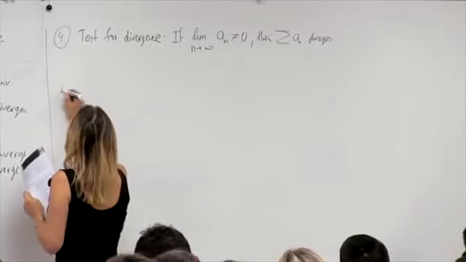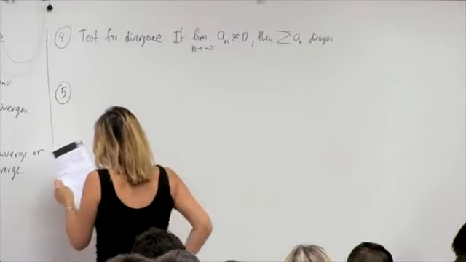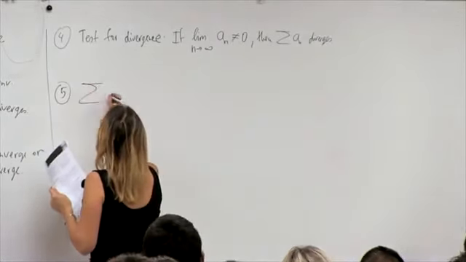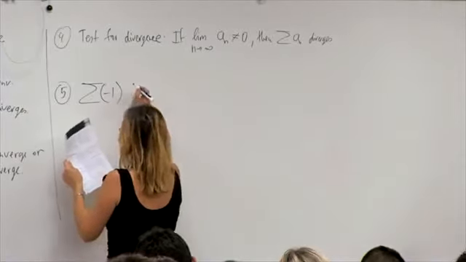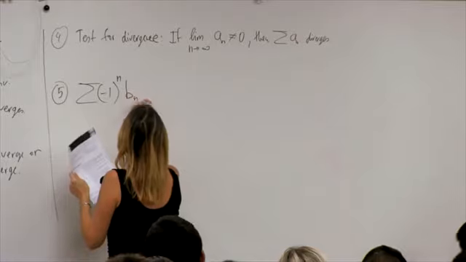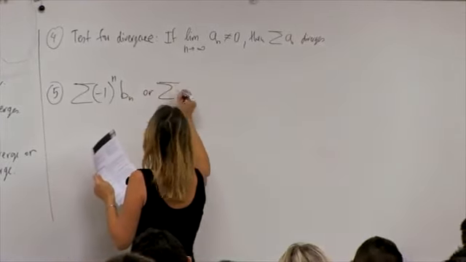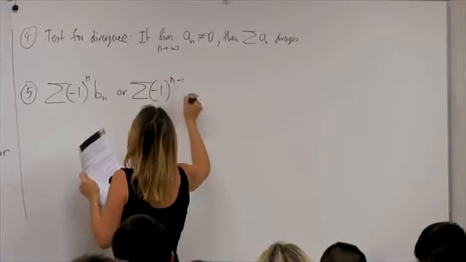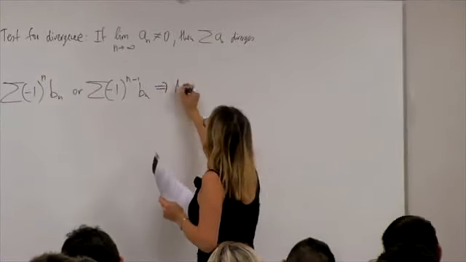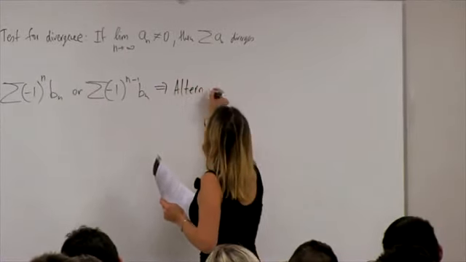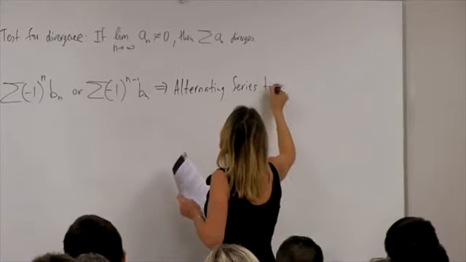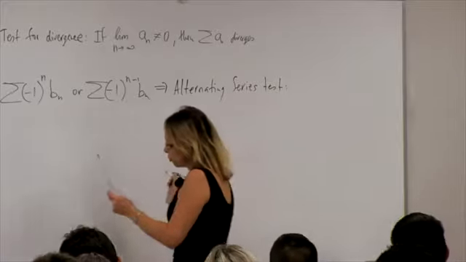Number 5, alternating series test. So the series should have this form, something like (-1)^(n-1) b_n. Alternating series test. So do you remember what we have to test?